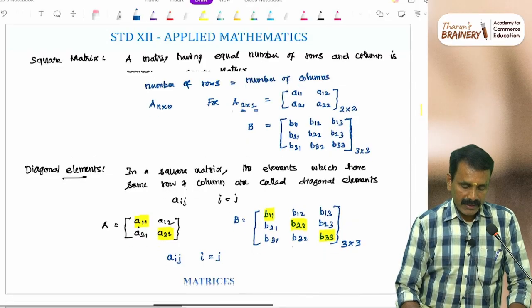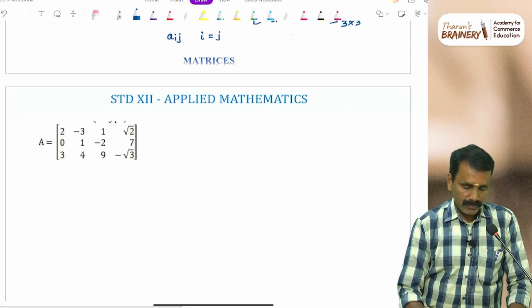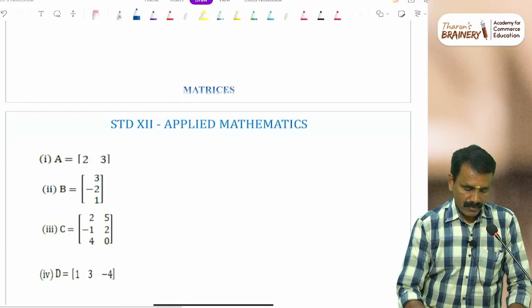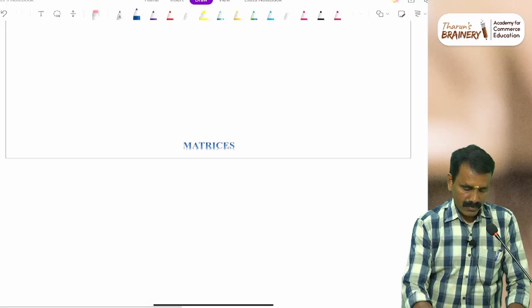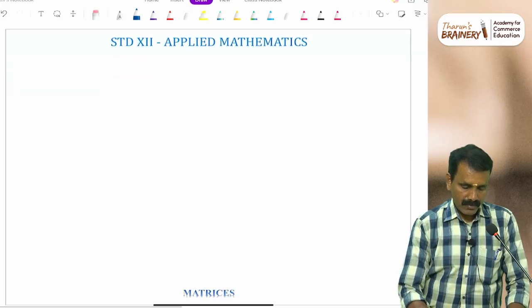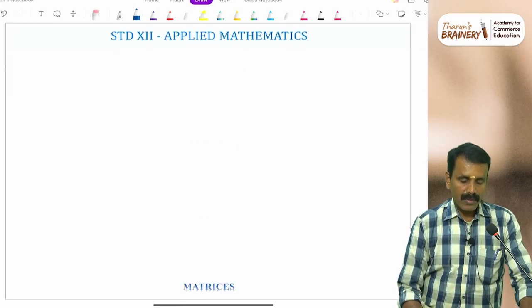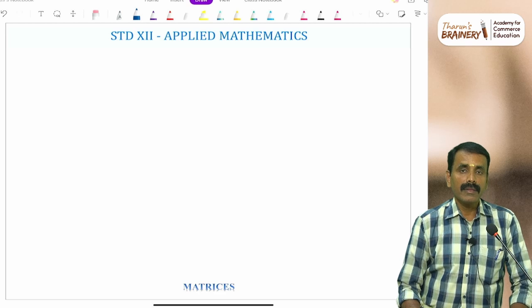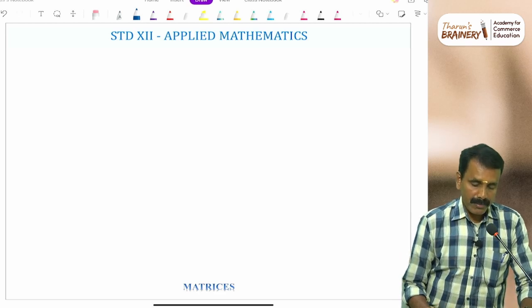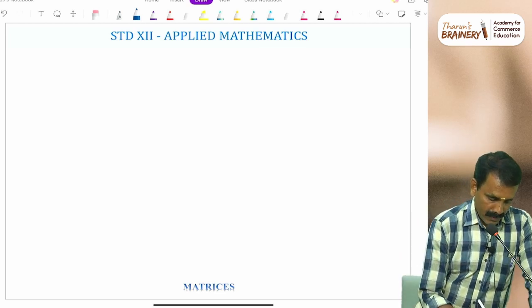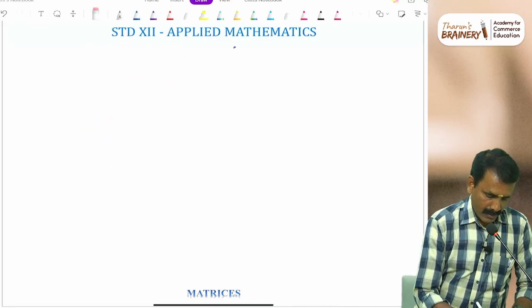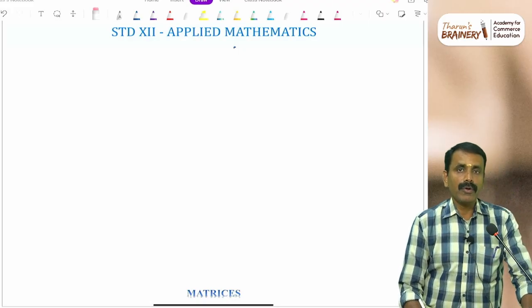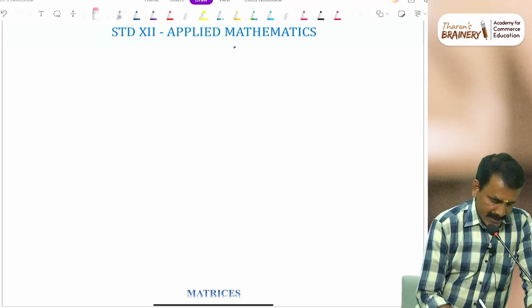Now, after defining the diagonal elements, we move on to defining the diagonal matrix. What do you mean by a diagonal matrix?